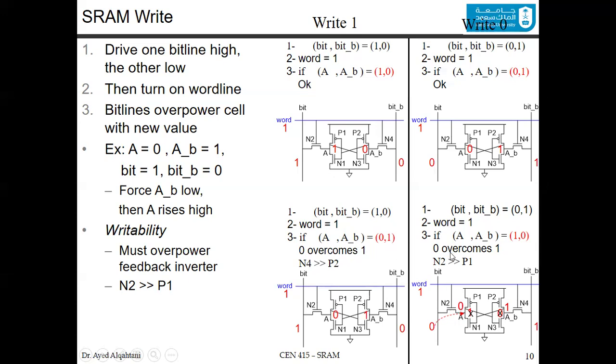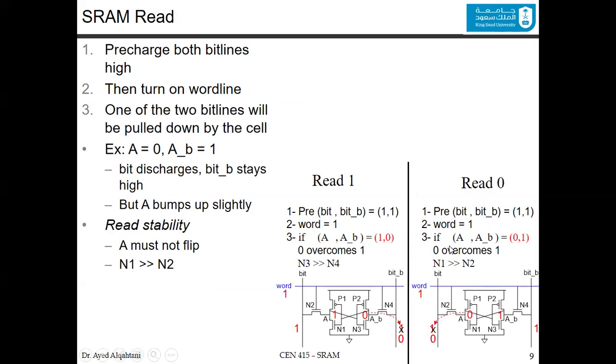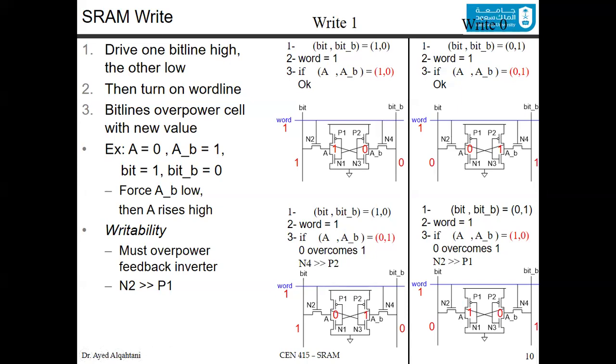So for example here, if you have a 0 and you have a 1, let me go back one step. So as you can see here, if you have a 0 and you have a 1, this 0 should overcome the 1.